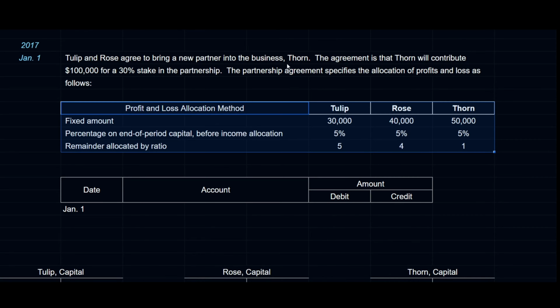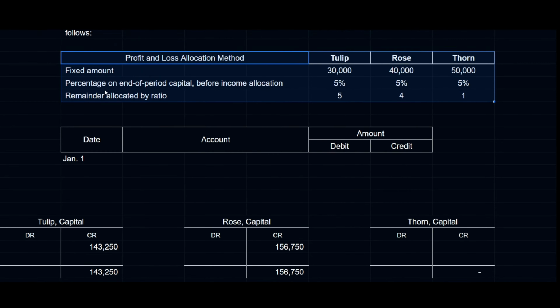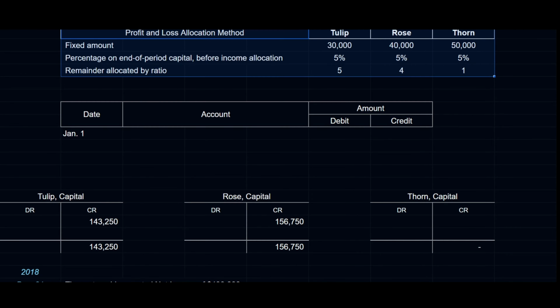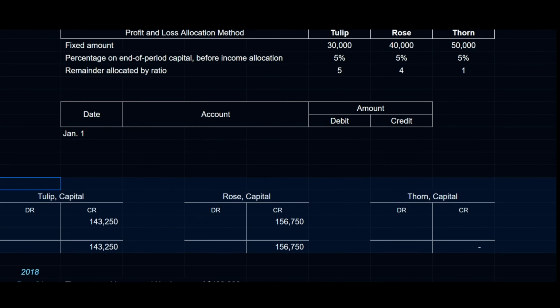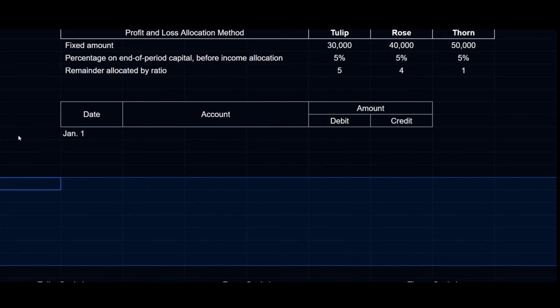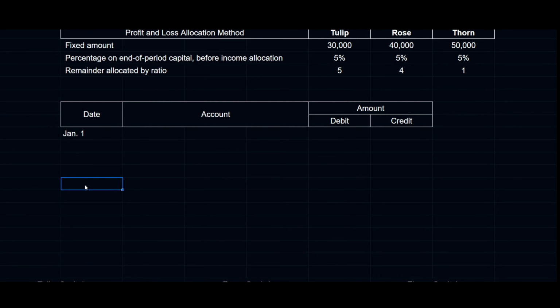First, let's deal with the fact that Thorn is now part of the business. We'll have to do a calculation. The first thing we need to do is to calculate the total capital balances or the total equity in the partnership prior to admission of the new partner.